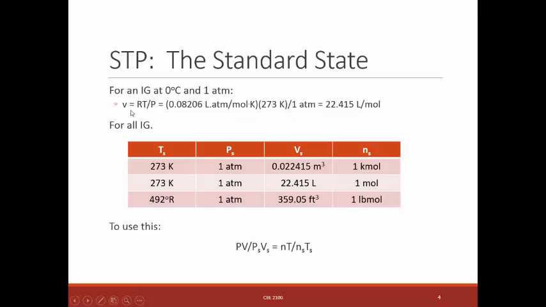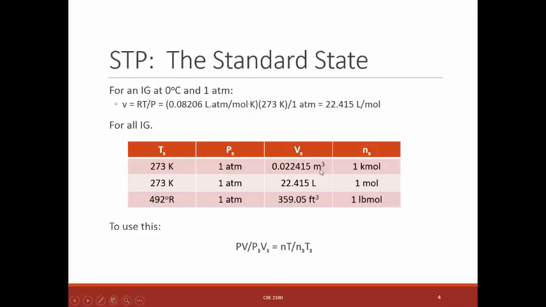Now if I use the ideal gas law to solve for the molar volume or specific volume in liters and moles, I find that 22.415 liters per mole is the specific volume for an ideal gas at the standard state.